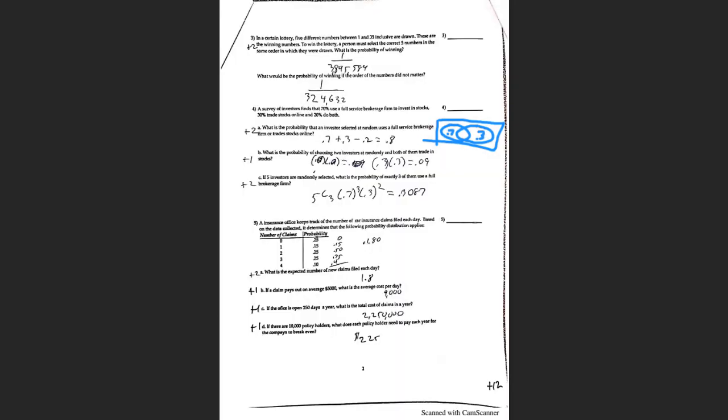Here's a little Venn diagram of this. There's the brokerage firm, the selling stocks, and the both. If this is 0.7 and this is 0.3, and in the middle is 0.2, what that really means is it's 0.5 and 0.2, for a total of 0.7.